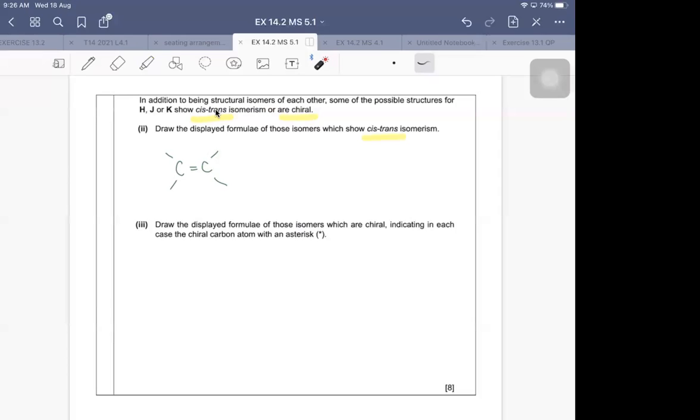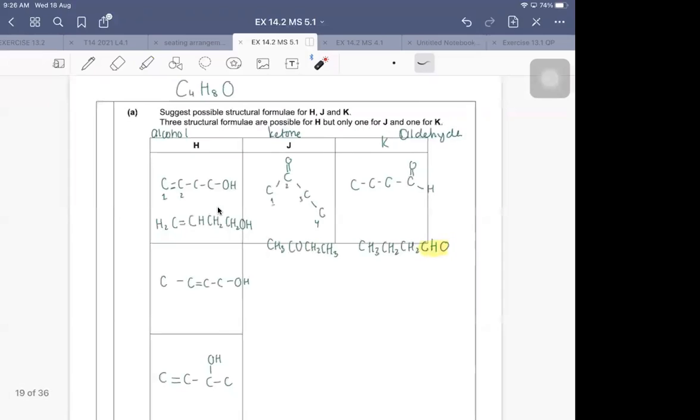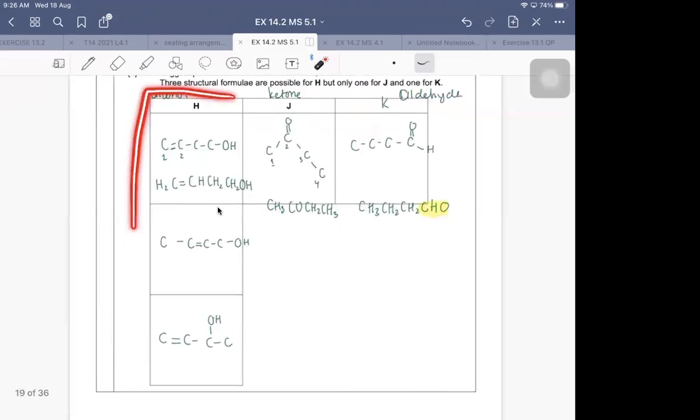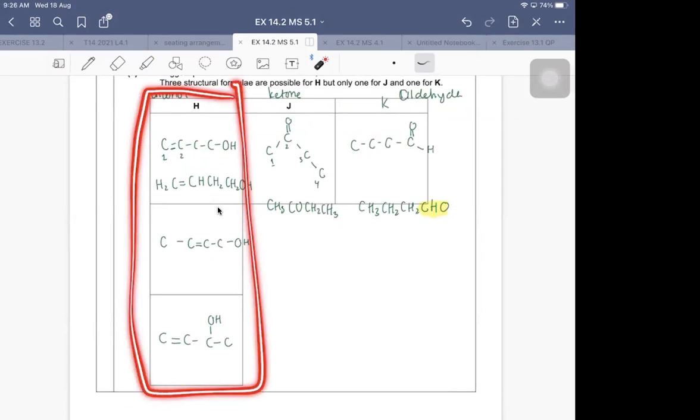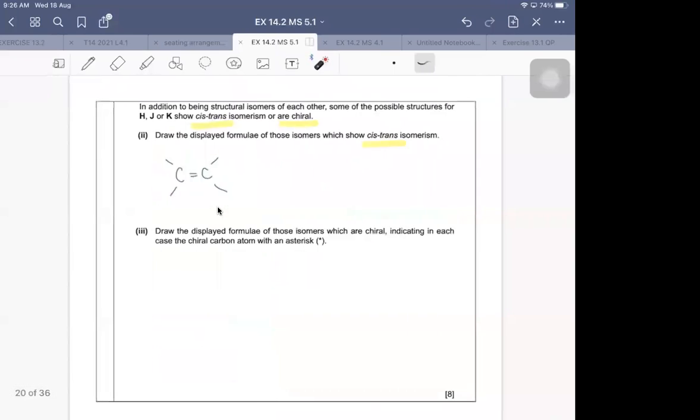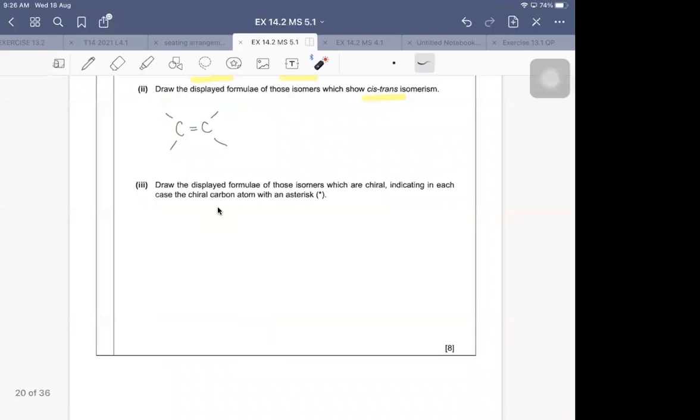For part 3, one of them is chiral. I can tell you that the chiral center is also one of the structures from H. So that's a hint for you: cis-trans is one of the structures of H, and the chiral center also comes from one of the structures of H. Now, when drawing the optical isomers, you have to draw it in displayed formula.